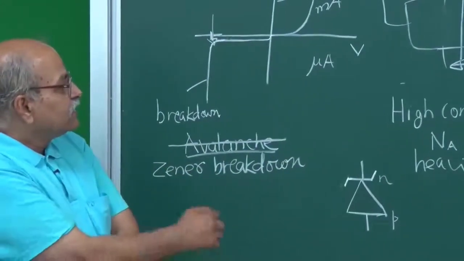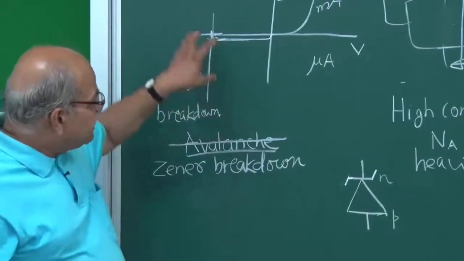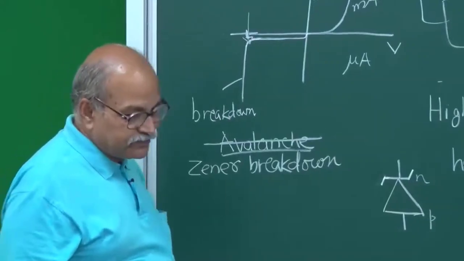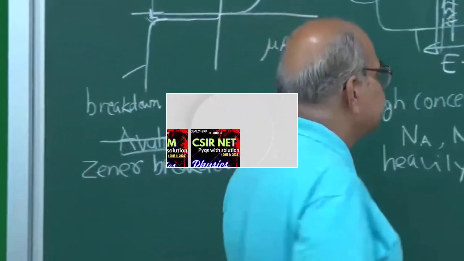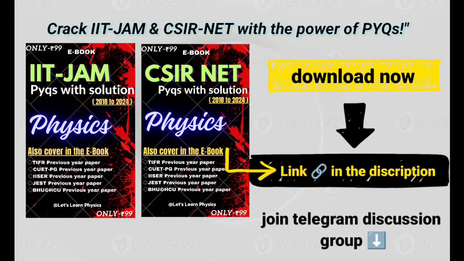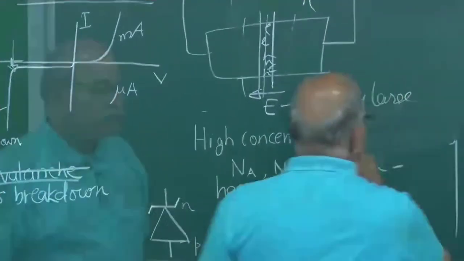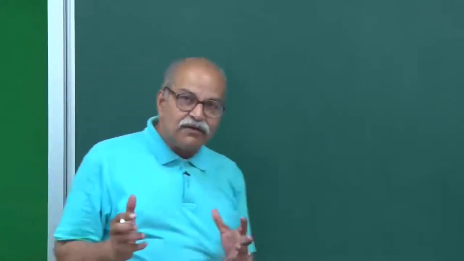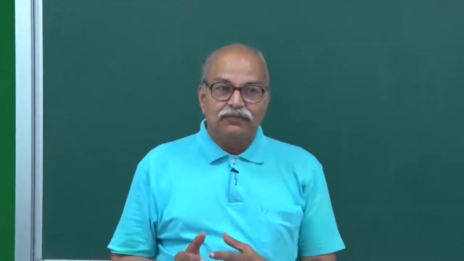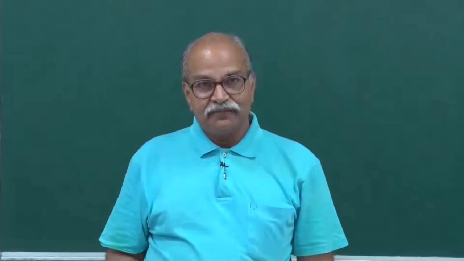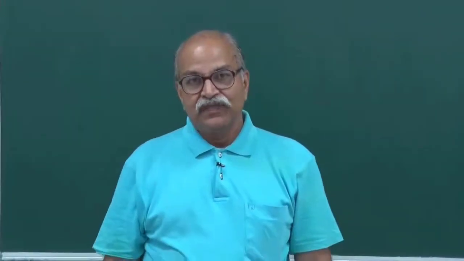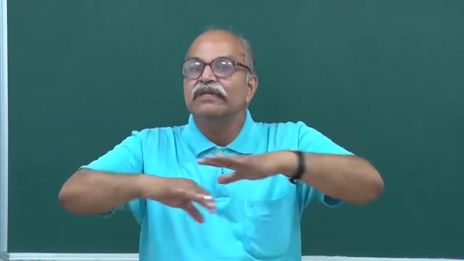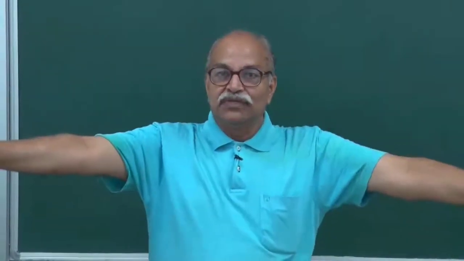So now let us see how this feature can be utilized for some useful purpose. Let us make a voltage regulator. When we use a power supply to get some DC voltage, the power supply is supposed to give me the DC voltage at one particular fixed voltage as a function of time. So it's good DC.